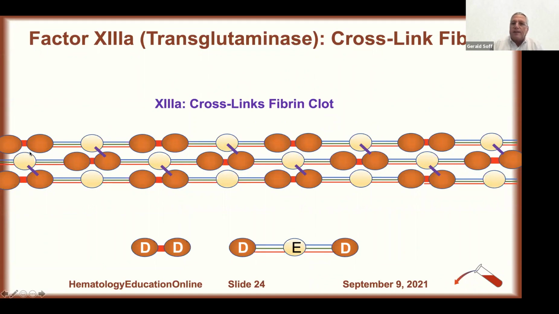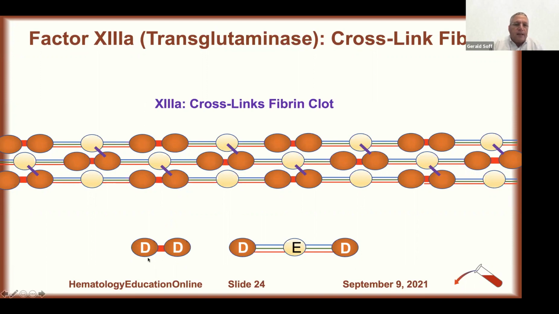So that's how we see things at the bottom. And we've all learned about the D-dimer, just shown here in different cartoon formats. These are only released when cross-linked fibrin is degraded by fibrinolysis, by enzymes that degrade fibrin, and we'll talk about that later on in the presentation.